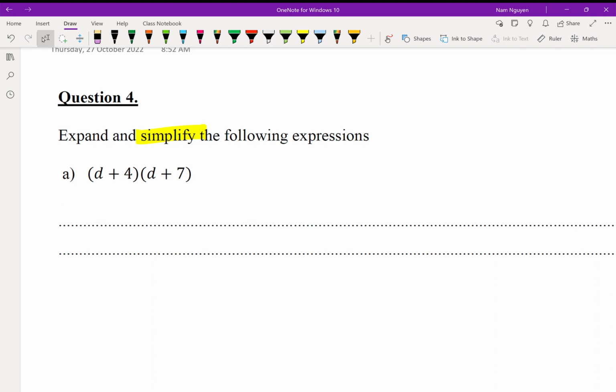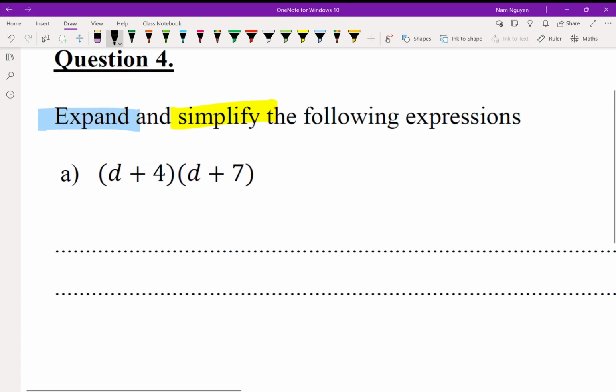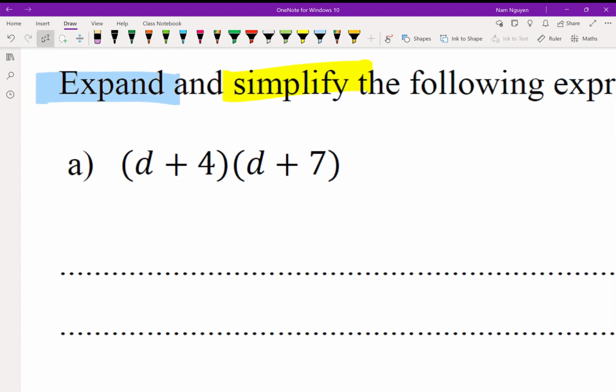Okay? So, let's do the expanding part. Expand is a way that we multiply factors together. So expanding, what you need to think of there is that this question is asking me to multiply, yeah? And it's got a different word, like why doesn't it say multiply?